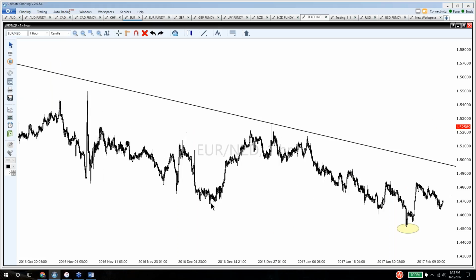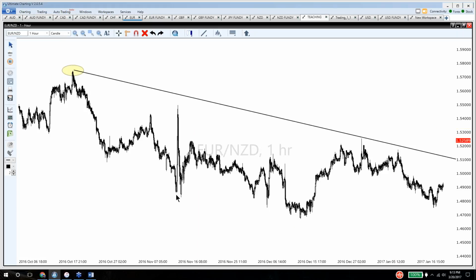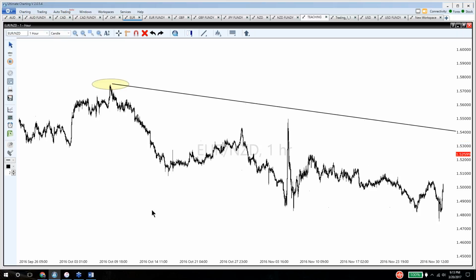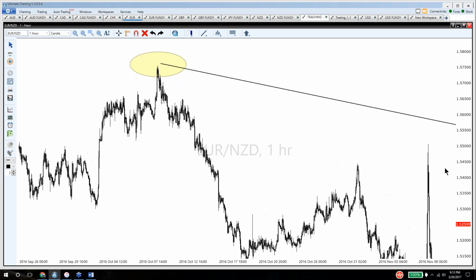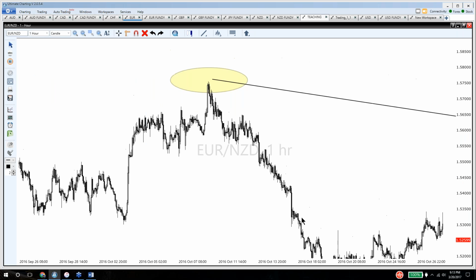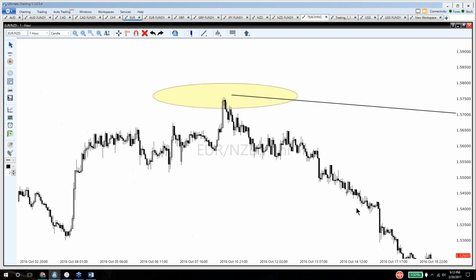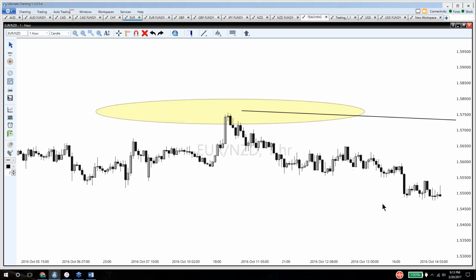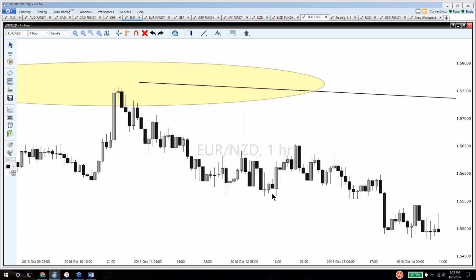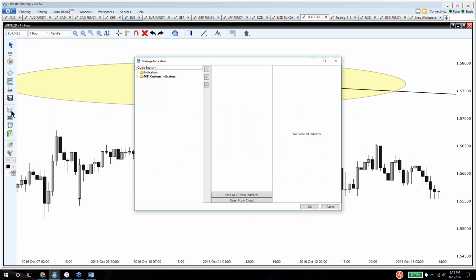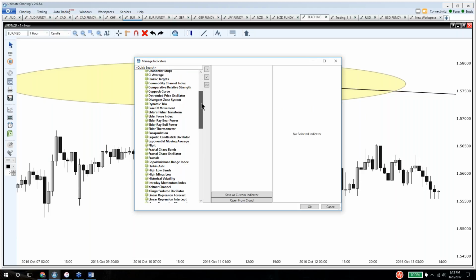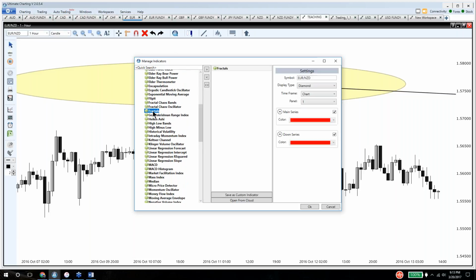So I'm going to get rid of everything that is not the highest high and not the lowest low to make sure that I am plotting this correctly. And to aid you in identifying these highs and lows, there is an indicator, right? There's something called the fractals indicator. So I can go to my indicators menu, and under indicators I can locate the fractals, right?